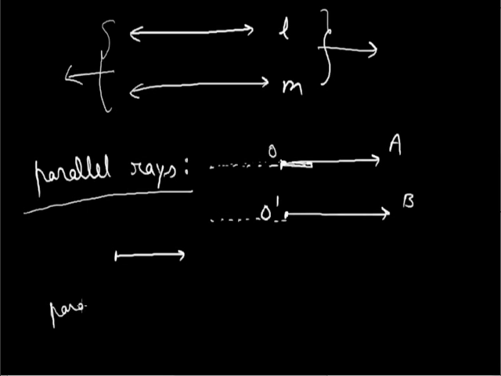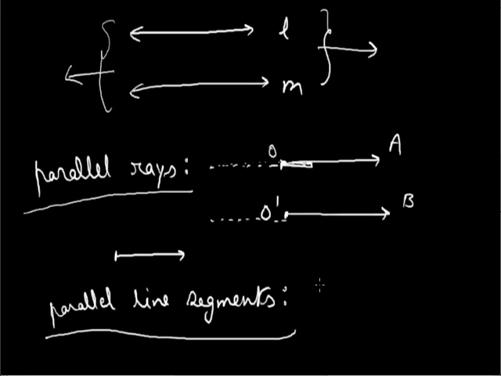Third is parallel line segments. To study parallel line segments, first of all we will know the concept of line segments. A line segment, as is very clear by its name, is a segment of a line.